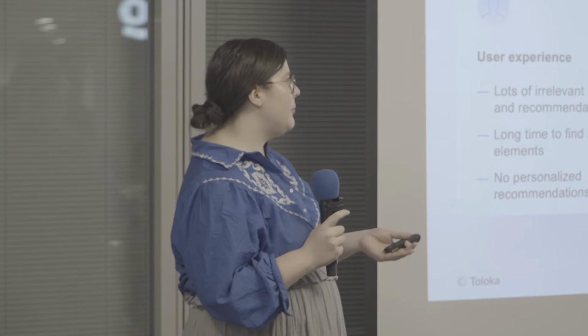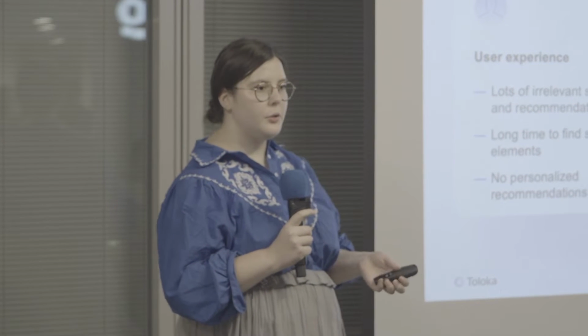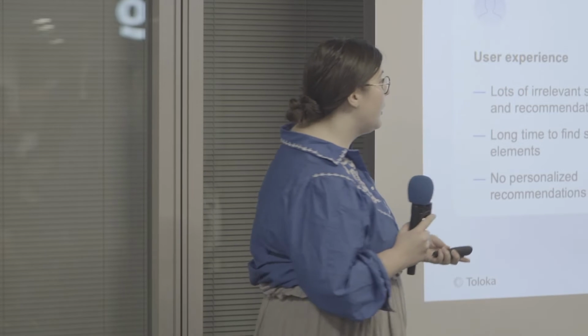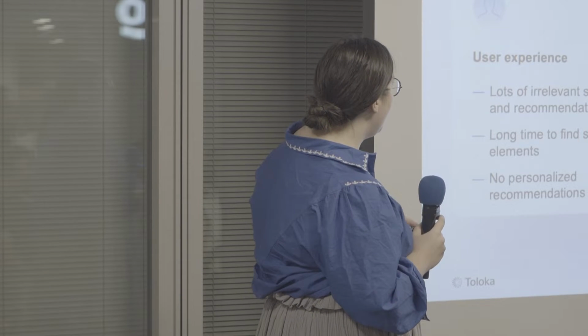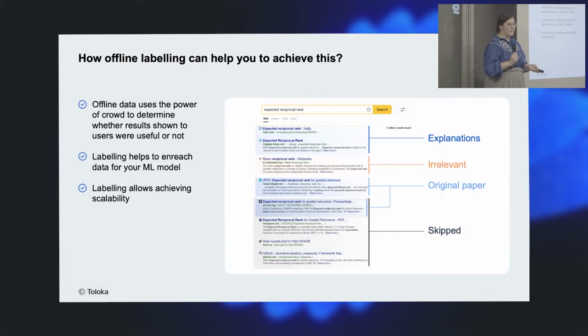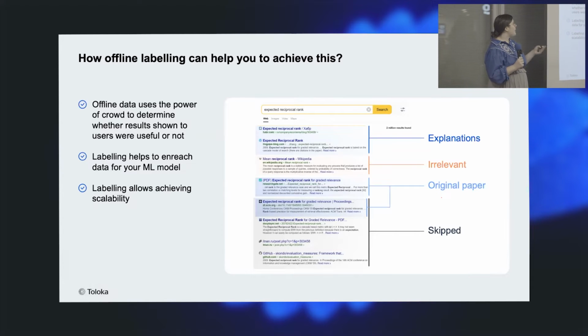These are problems that relate to most e-coms, but not every company knows that they can be solved via offline labeling. And I'll tell you how. What is offline labeling? You use the power of the crowd to determine whether search results or recommendations are useful to the user who will see them.